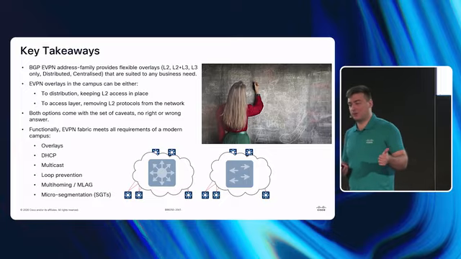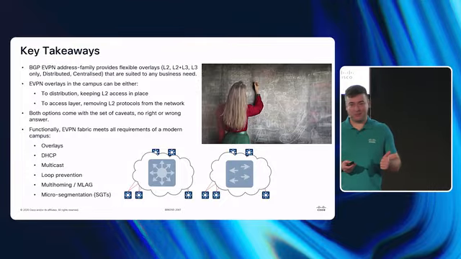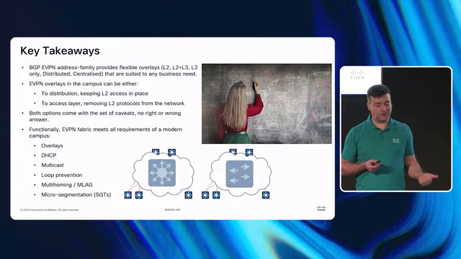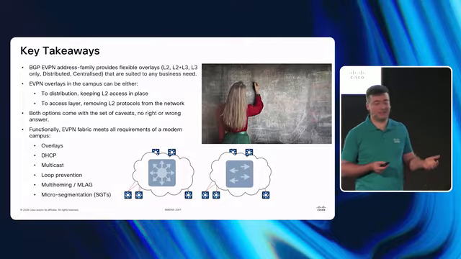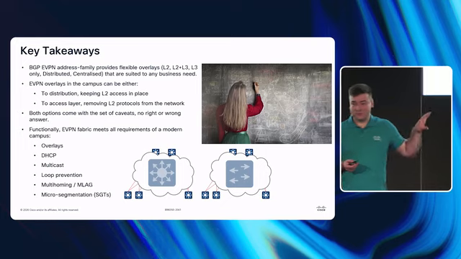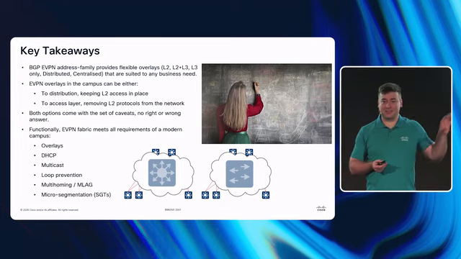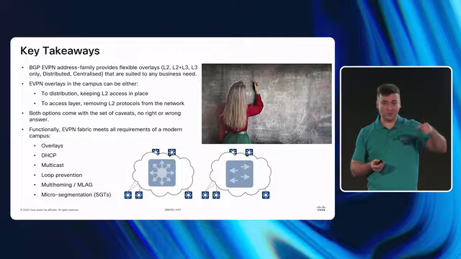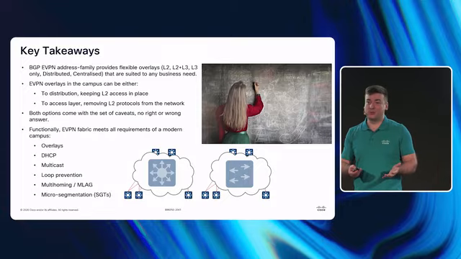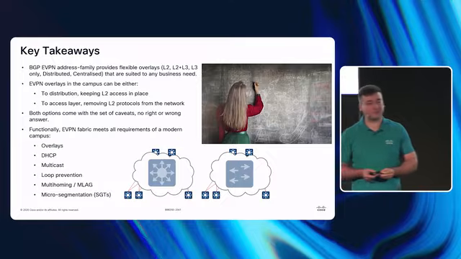Functionally, as you saw today, the EVPN fabric on Cat9K can do overlays, DHCP, multicast, loop prevention, multi-homing, and microsegmentation. Everything that I showed on the slides was real. There is a hidden slide with the link to GitHub with full configuration listings for every switch and every use case, which you can use in your own deployments if you want.